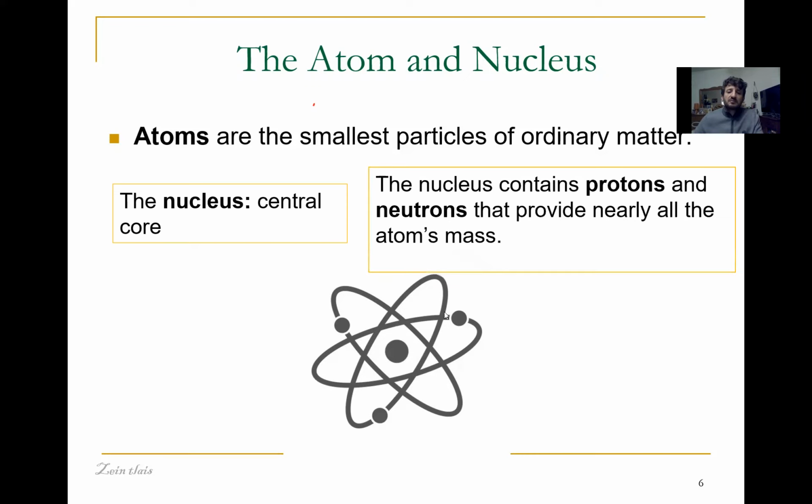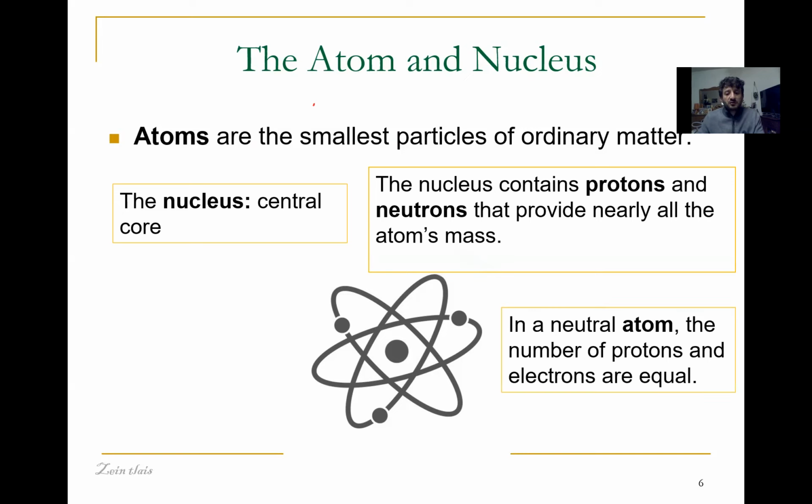Inside the nucleus you have all the nucleons, the protons and neutrons, and in the case of a neutral atom, the number of protons and electrons are equal. And outside the nucleus you have a cloud of light particles, the electrons.